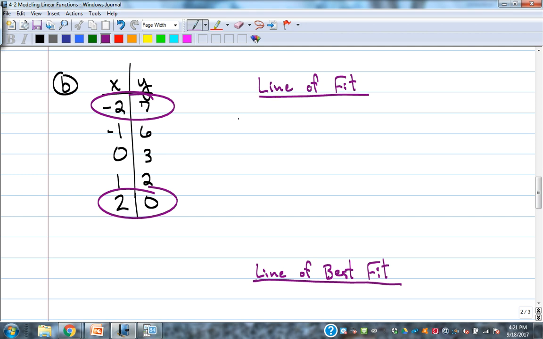First thing we do to find it by hand is slope. 7 minus 0 over -2 minus 2, which is 7 over -4. And pick a nice ordered pair to plug in there. I'm going to use 2, 0 this time because I like the 0 in there.